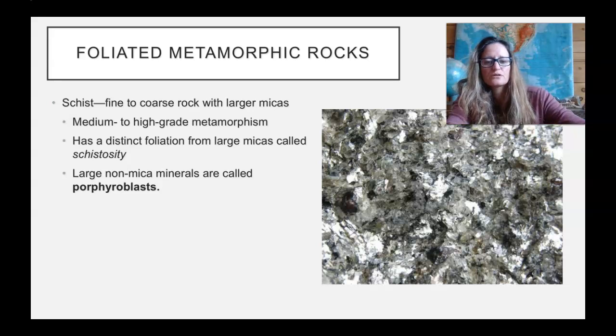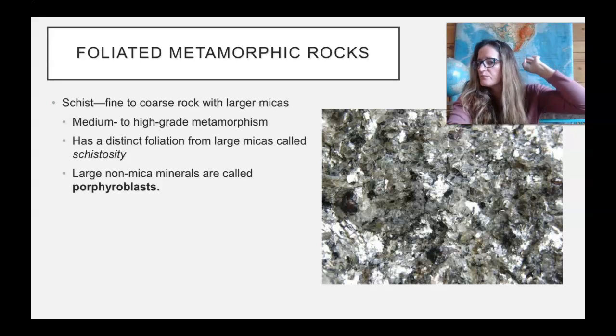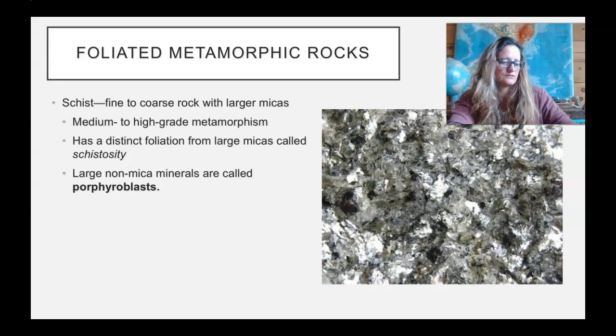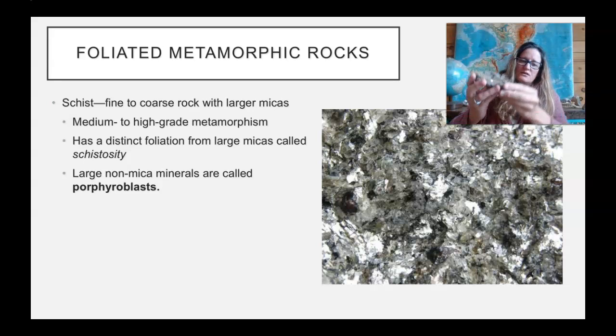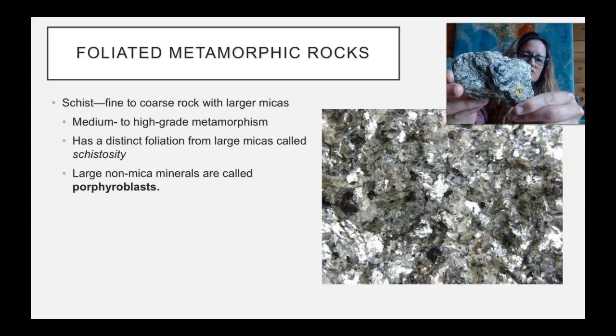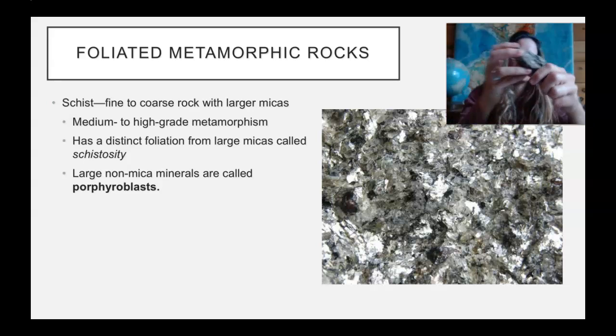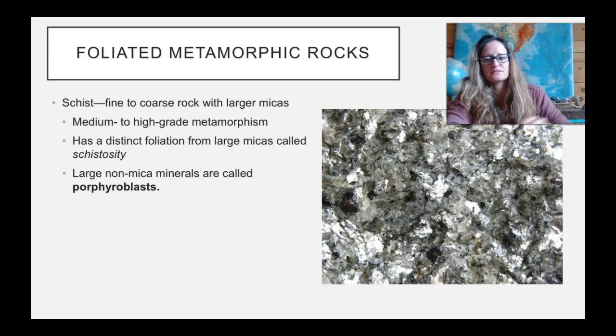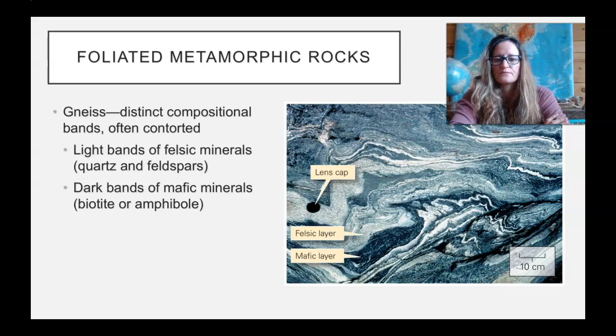There are also schists that have big crystals in them, so these are staurolite crystals within that schistose matrix. So that would be a term, porphyroblastic schist, where it has big crystals in it.